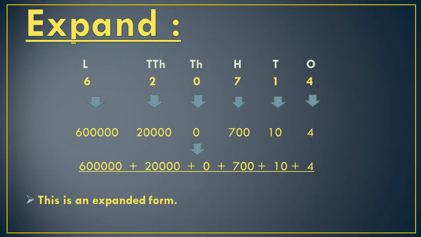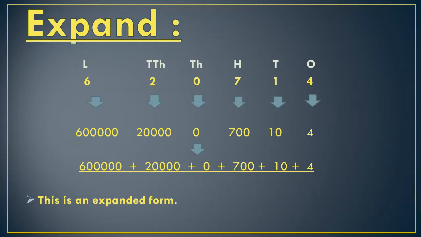So 1 into 10 is 10. So I write 10 plus 4, which is in the ones place. So 4 into 1 is 4. So this is the expanded form of this number.